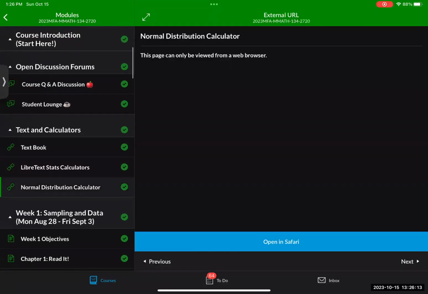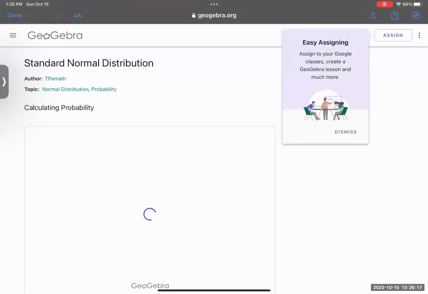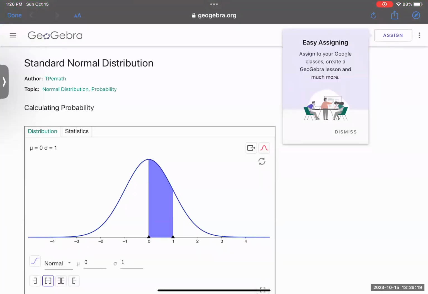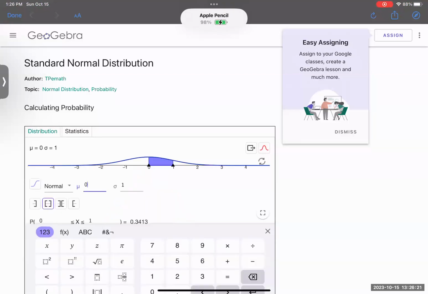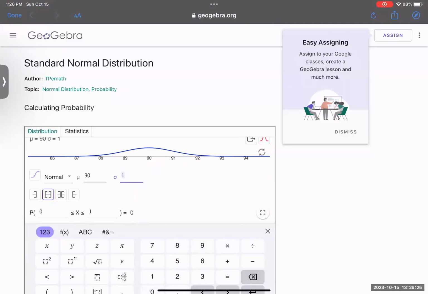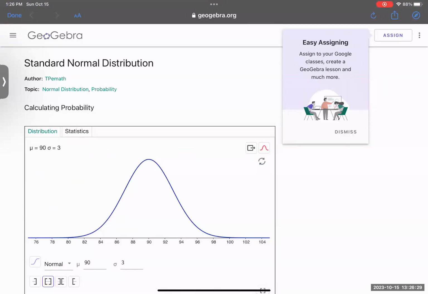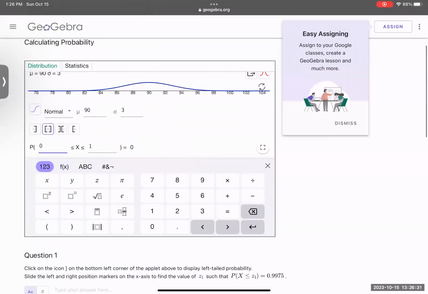I have that normal distribution calculator. I can open it up. I want a mean of 90 and a standard deviation of 3. I want to be looking between 85 and 92.